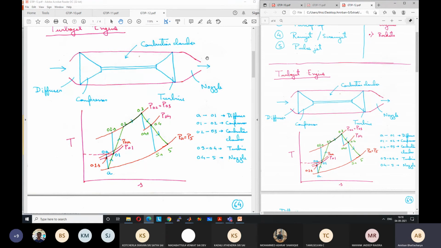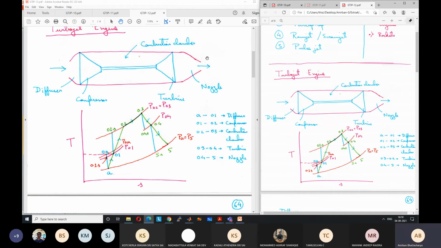Now ambient temperature is much less as compared to the temperature at the nozzle exit. So what will be the speed of sound at the nozzle exit? It will be much higher as compared to the speed of sound in the ambient condition. So although the nozzle exit is at sonic speed, the speed itself is much larger than the speed of sound in the ambient condition.